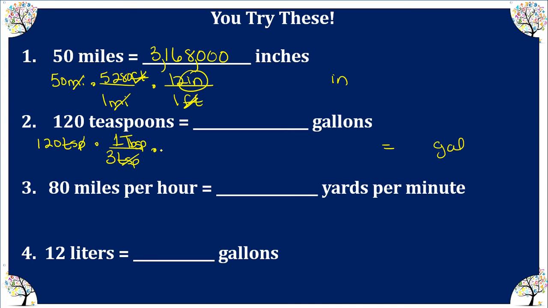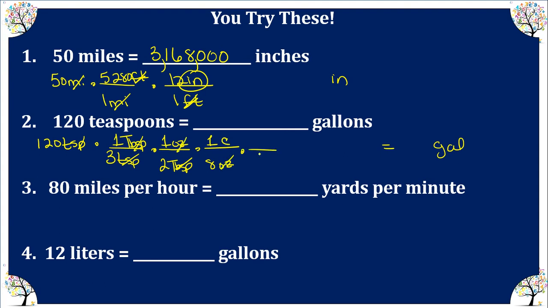And then it gives us the tablespoon. 2 tablespoons is 1 fluid ounce. And then we have 8 fluid ounces is 1 cup.